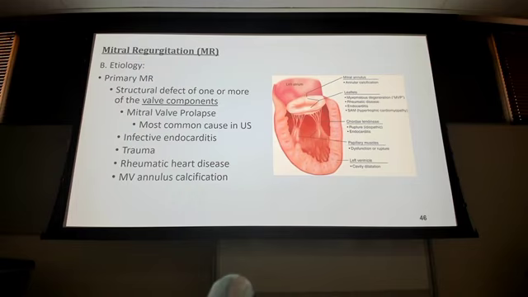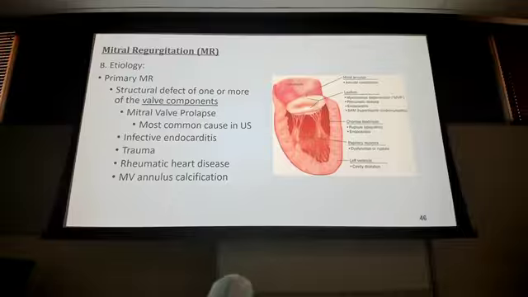An example of this would be dilated cardiomyopathy, which we're going to talk about in this block. What happens is the ventricle gets larger in diameter, and that process of the ventricle getting bigger pulls those valve leaflet components apart, leading to that regurgitation.